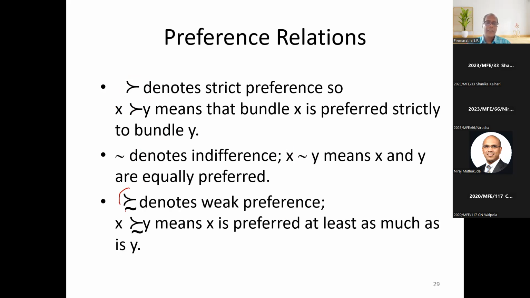And this last one is weak preference. You can see the preference symbol and the indifference symbol together. It doesn't mean there is any strict preference; it can go either way. So we call that weak preference.